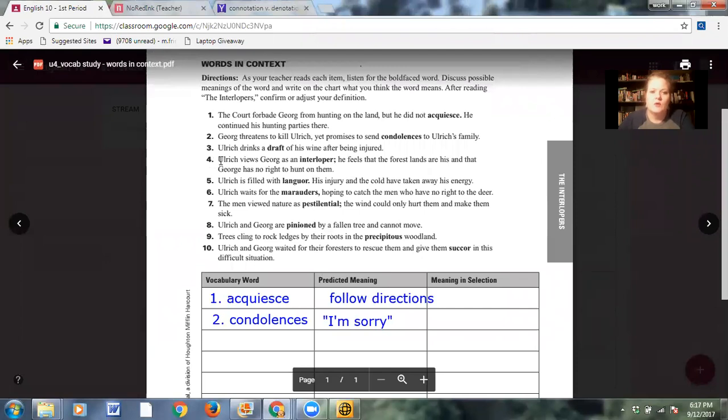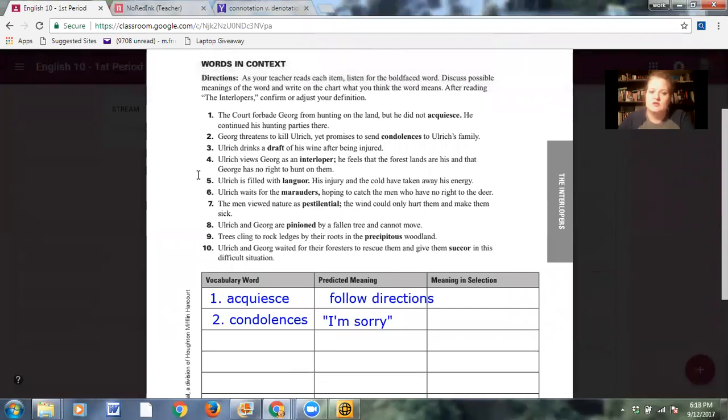Number 4, Ulrich views Georg as an interloper. He feels that the forest lands are his and that Georg has no right to hunt on them. Number 5, Ulrich is filled with languor. His injury and the cold have taken away his energy. Number 6, Ulrich waits for the marauders, hoping to catch the men who have no right to the deer.